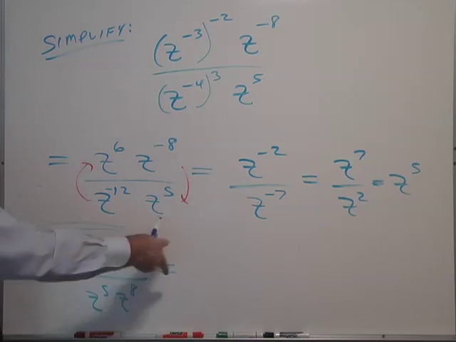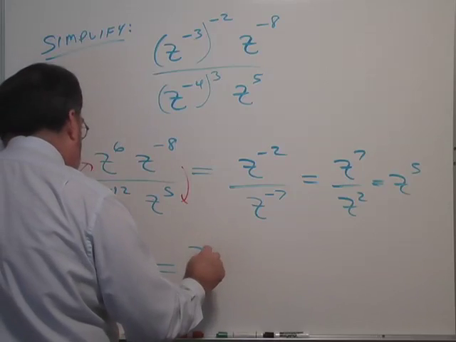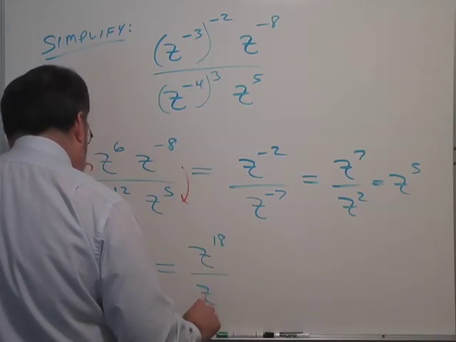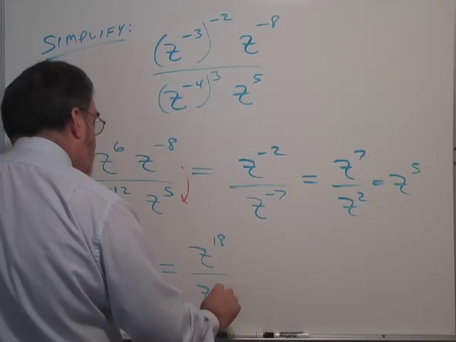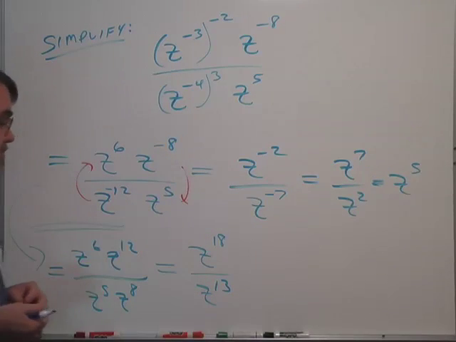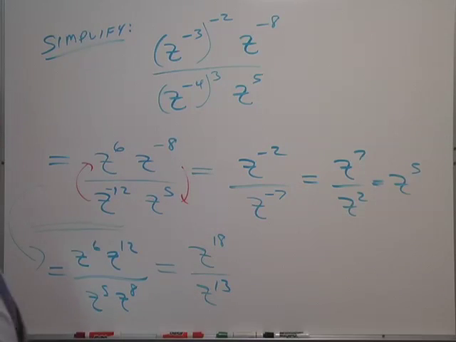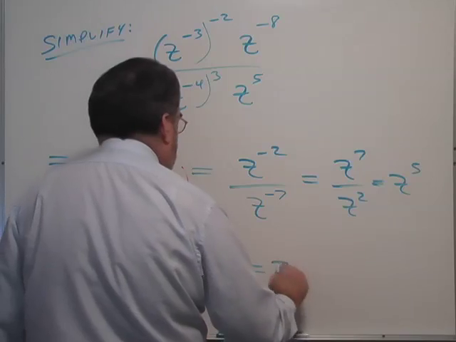And then if we multiply across, we get z to the 18th over z to the 13th by adding exponents. Then subtracting exponents, 18 minus 13, we get z to the 5th again.